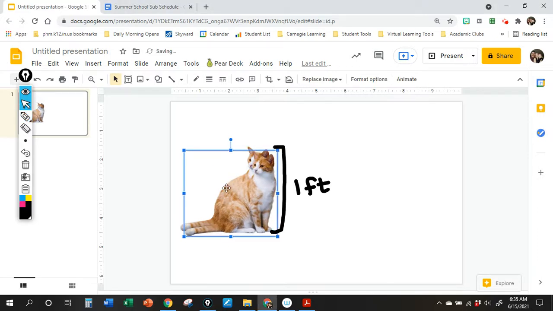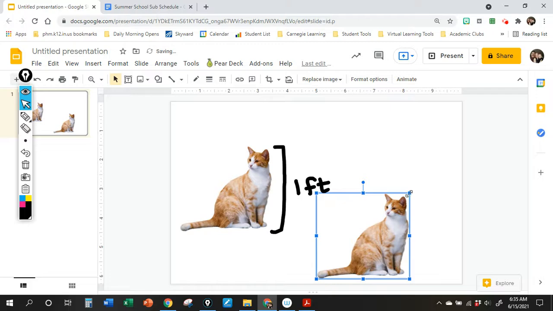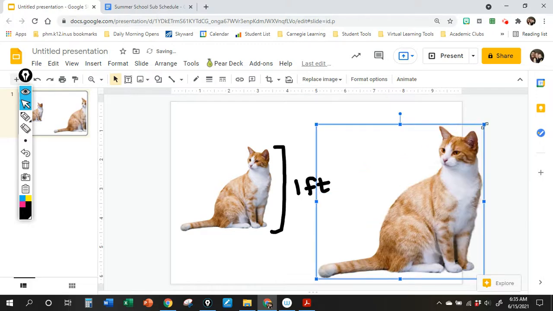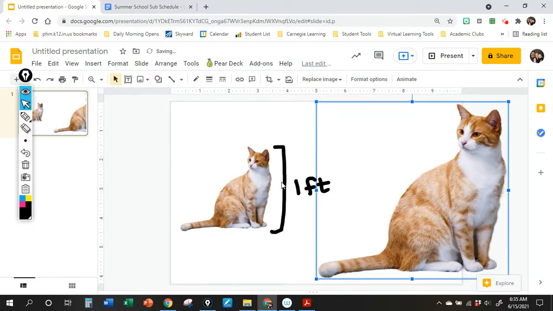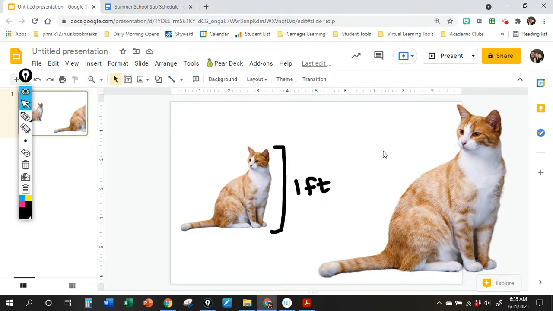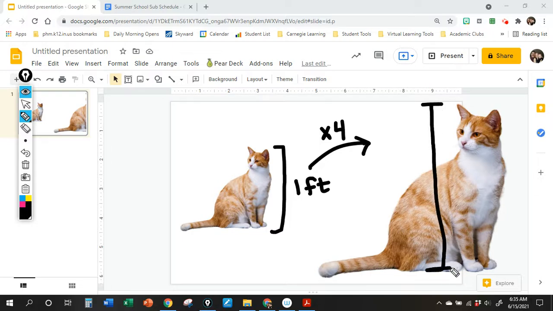Now, I want to scale this cat up by, let's do huge. Let's say that I want to see a drawing of a cat that is 4 times this size. So I want to scale this up by 4. How tall is this cat going to be? That's right. It would be 4 feet tall.